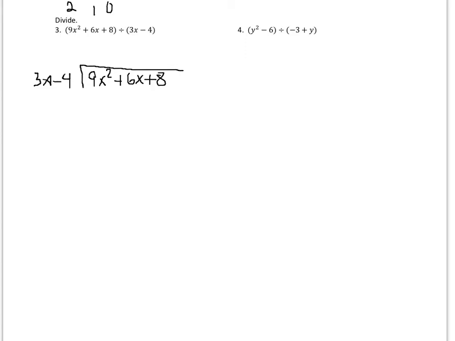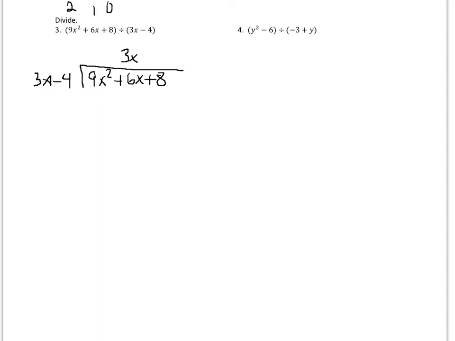Okay, so now you have to ask yourself, what can I multiply 3x by to have it equal 9x squared? Well, I have to multiply the 3 by 3 to equal 9, and I have to multiply x by x to have it equal x squared. Always match it up. See how you have 3x? I put it right above the 6x. That's how you can know.